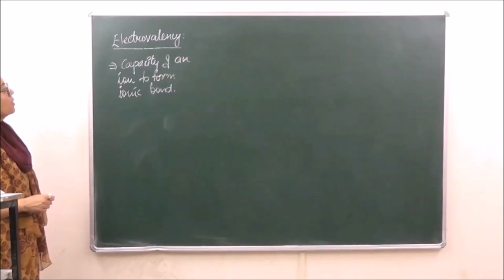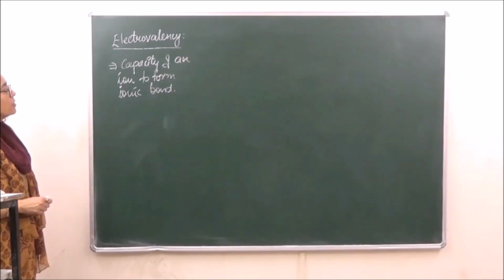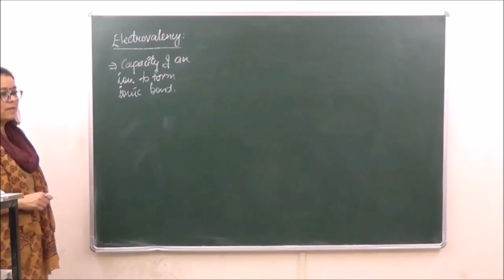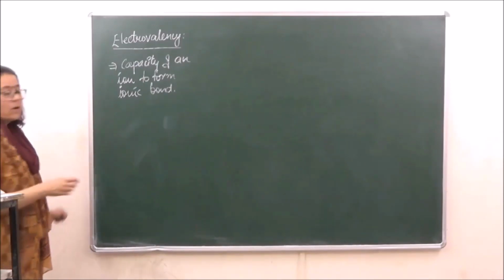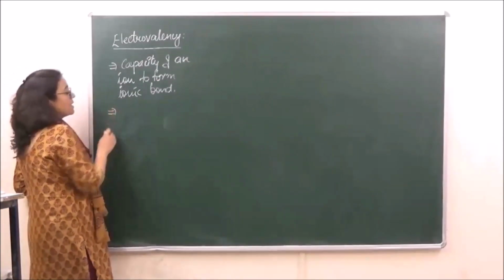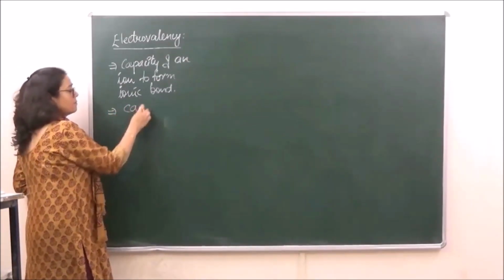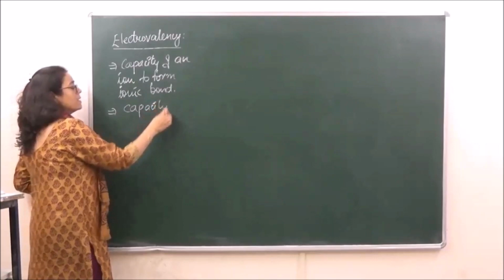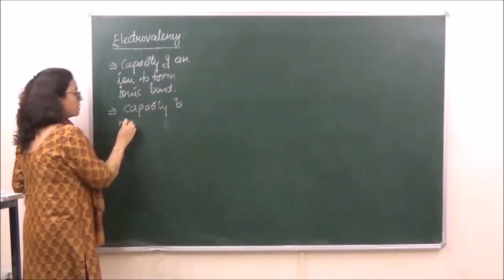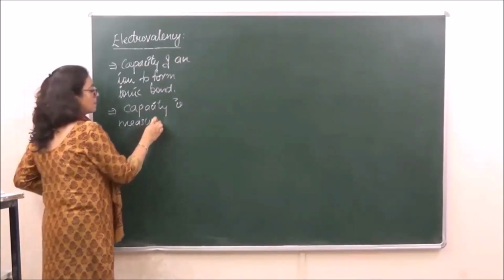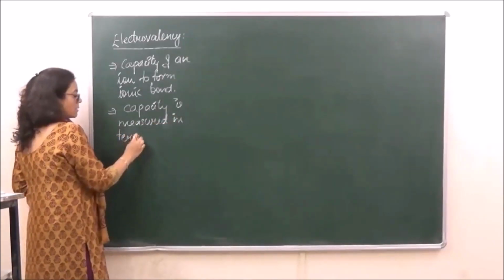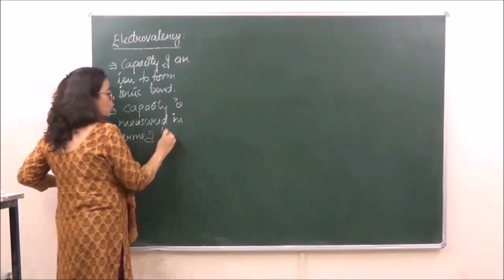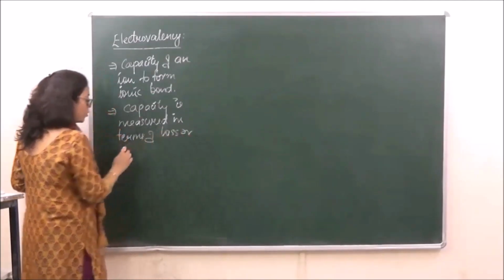अब जब ionic bond बन जाएगा तो we have already said that there are two types of ions present, which is the cations and the anions. Now, how do we measure this capacity? This capacity is measured in terms of loss or gain of electrons.